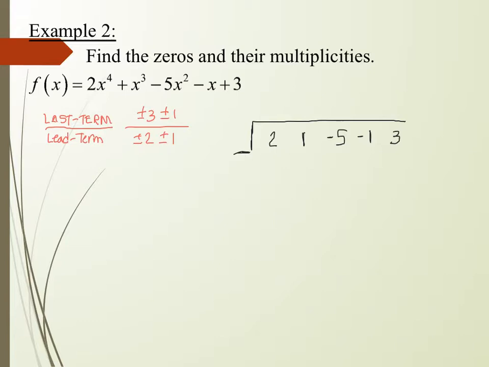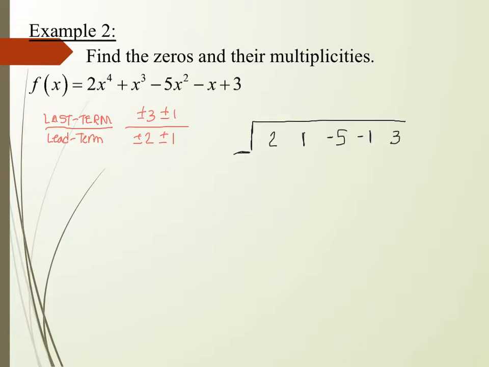And then the rational factors that can actually happen. So we have put the synthetic division together. We have the little box with the 2, the coefficient of x to the 4th, 1 is the coefficient of x cubed, minus 5x squared, minus 1, and 3 are the last two terms.